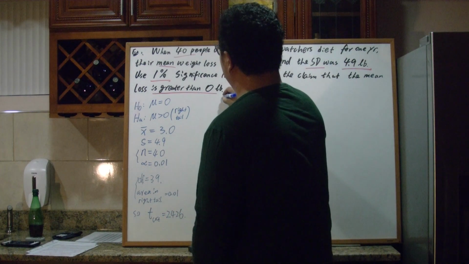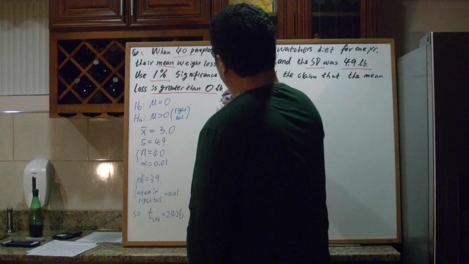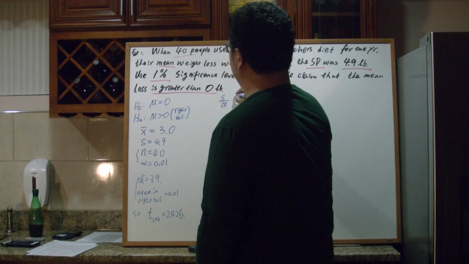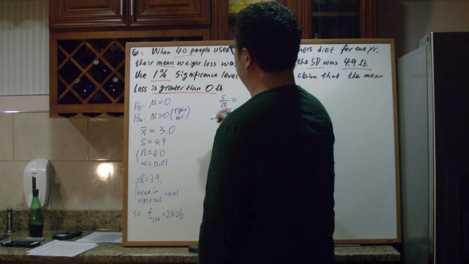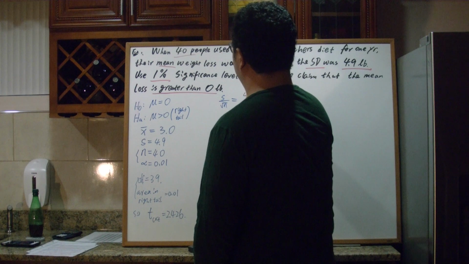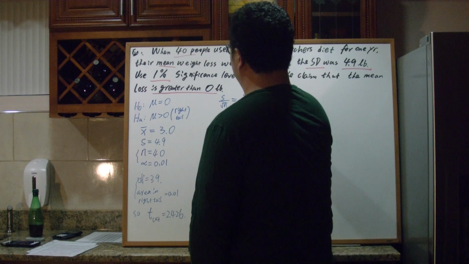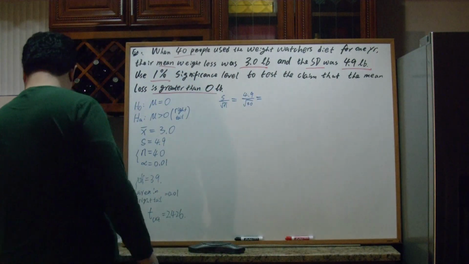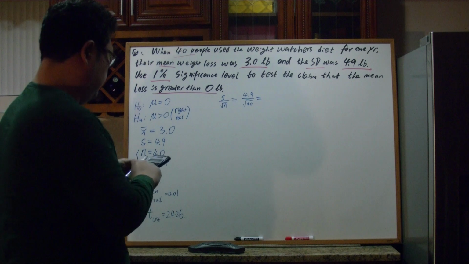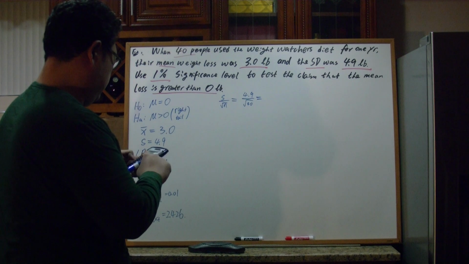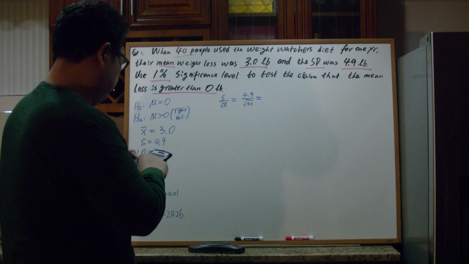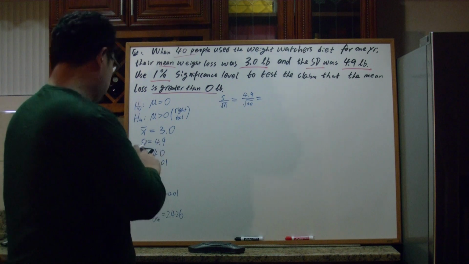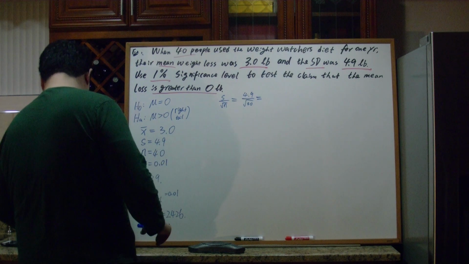Then we go to the standard deviation of the sample mean. That is the sample standard deviation over the square root of 40. 4.9 divided by the square root of 40 is 0.77, I think.